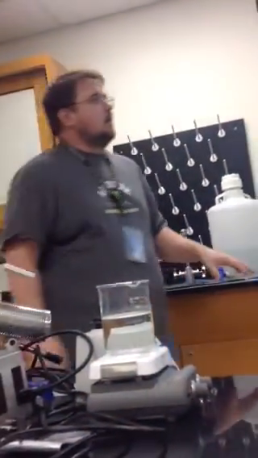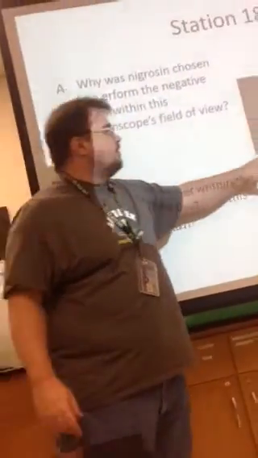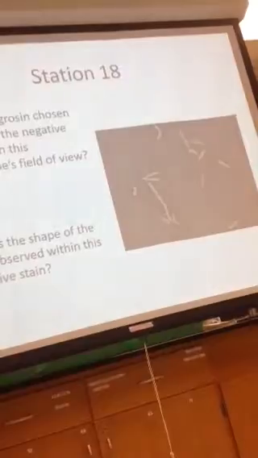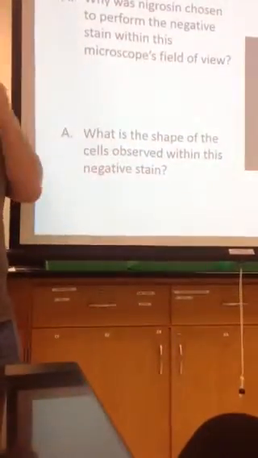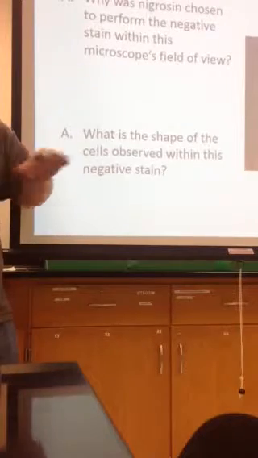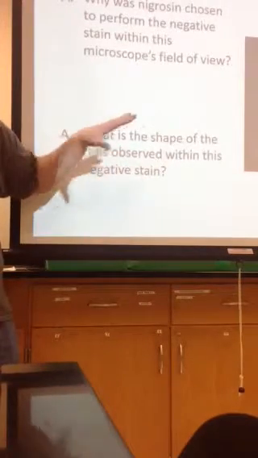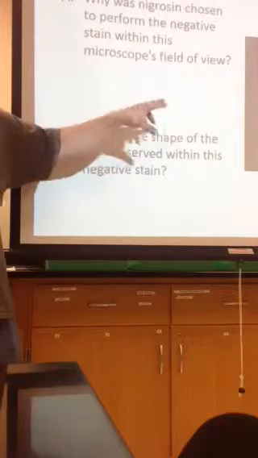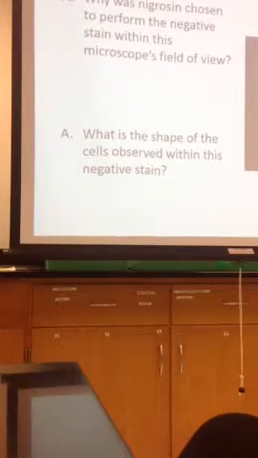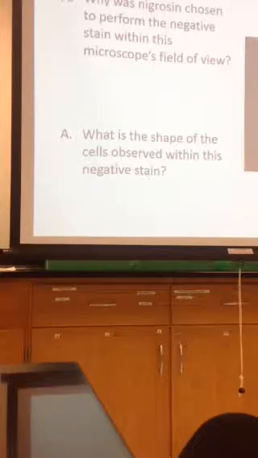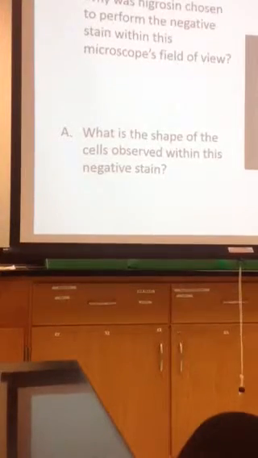You do a negative stain so that you can see the true shape of bacteria. That is the only reason. Because you don't have to heat fix it. So if you see a negative stain, the only reason you do that is to see the shape of it. What's the shape that you see? Those are rods. So that's exactly right.